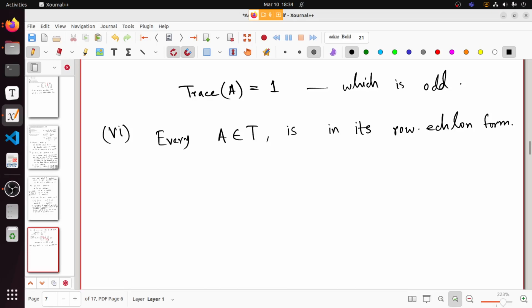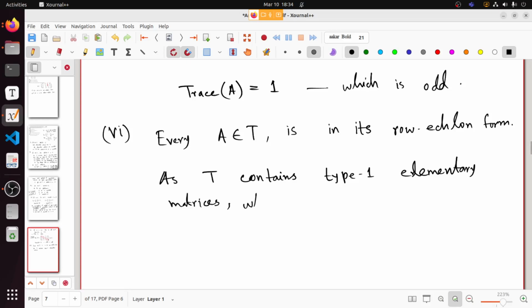So what is row echelon form? It should be type 1, as T contains type 1 elementary matrices, which are in row echelon form, right?